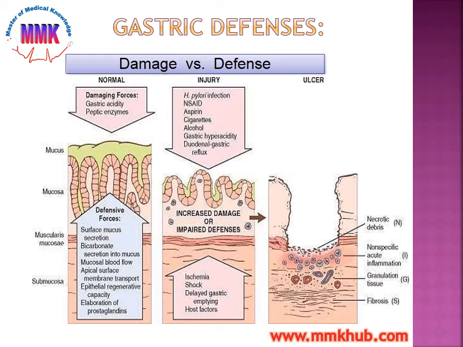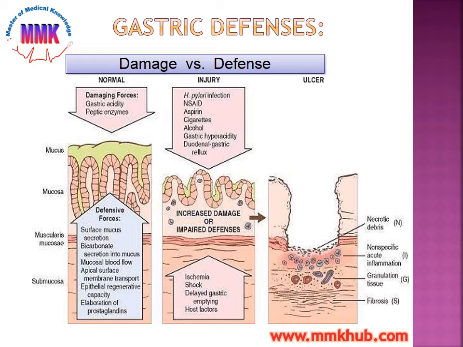For example, the surface mucus secretion, bicarbonate secretion into the mucus, mucosal blood flow, apical surface membrane transport, epithelial regenerative capacity, and elaboration of the prostaglandin. All these defensive forces counteract the damaging forces and keep the mucosal surface of the stomach in a normal state.